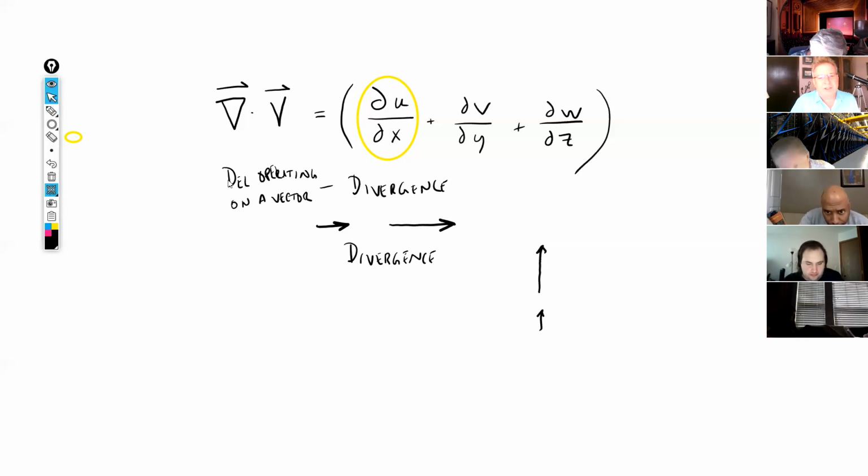We are way over time, but whatever. Here's what I want you to understand from this, guys: when you have del operating on a scalar, that's called the gradient. We know that term, right?